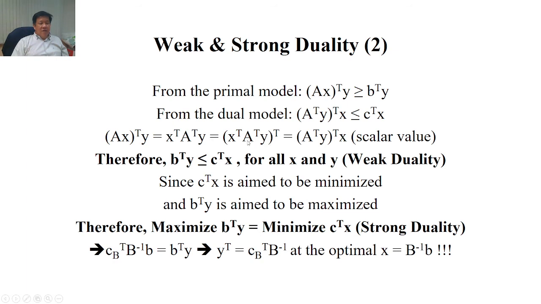So we move here, once we have (A B) transpose, you are going to get B transpose and A transpose. So this one is like this. Let's look here: if you have x transpose and transpose again, you get x.